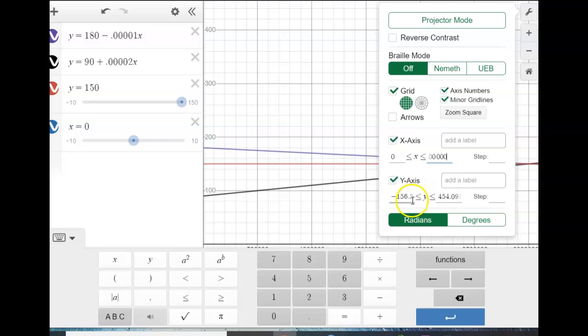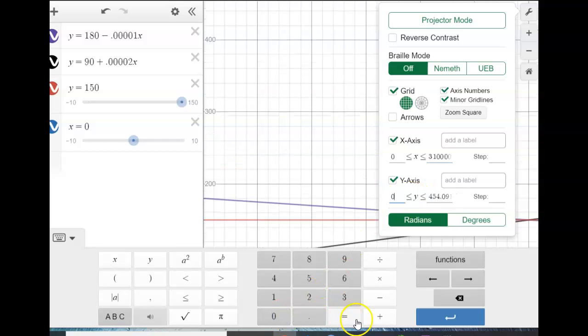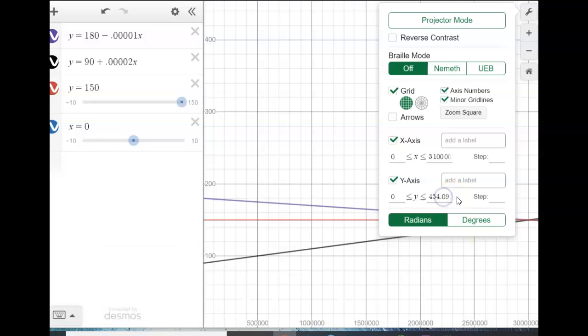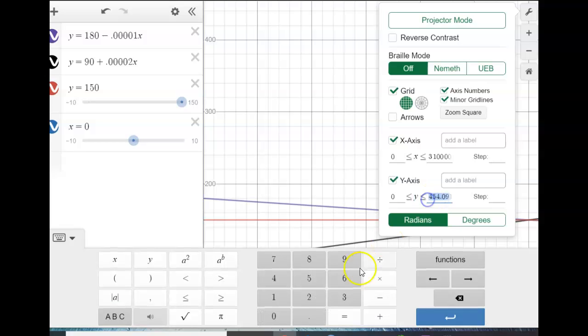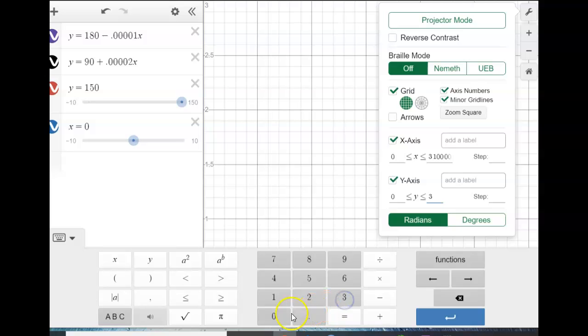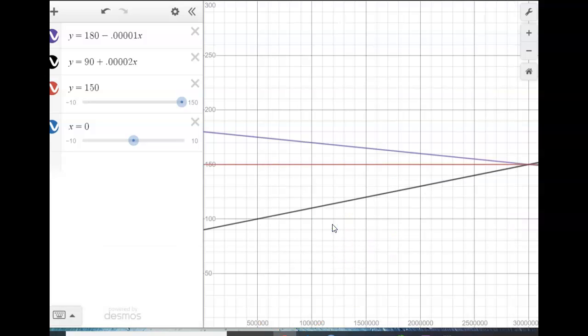And our Y, let's change that from 0 to, we want to go above 150. So let's say 300. Okay, so let's see. Now we can see here's the equilibrium point, 3,150,000. Here this red line is that horizontal line traced by the equilibrium point.